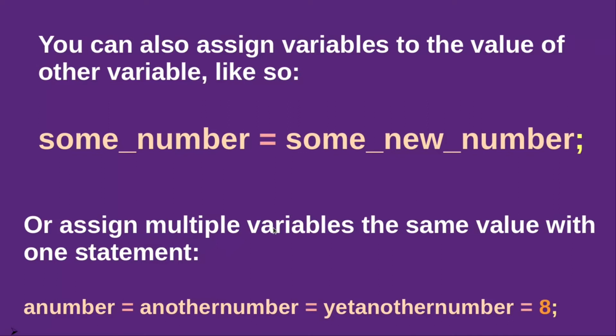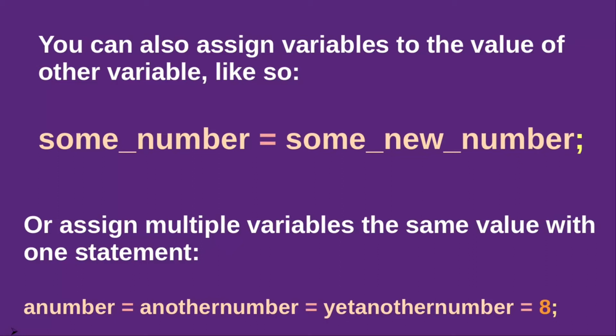We can save a bit of typing by declaring and assigning data to a memory address at the same time, as you can see there. You can also assign a variable the value of another variable, like so, or assign multiple variables the same value with one statement.